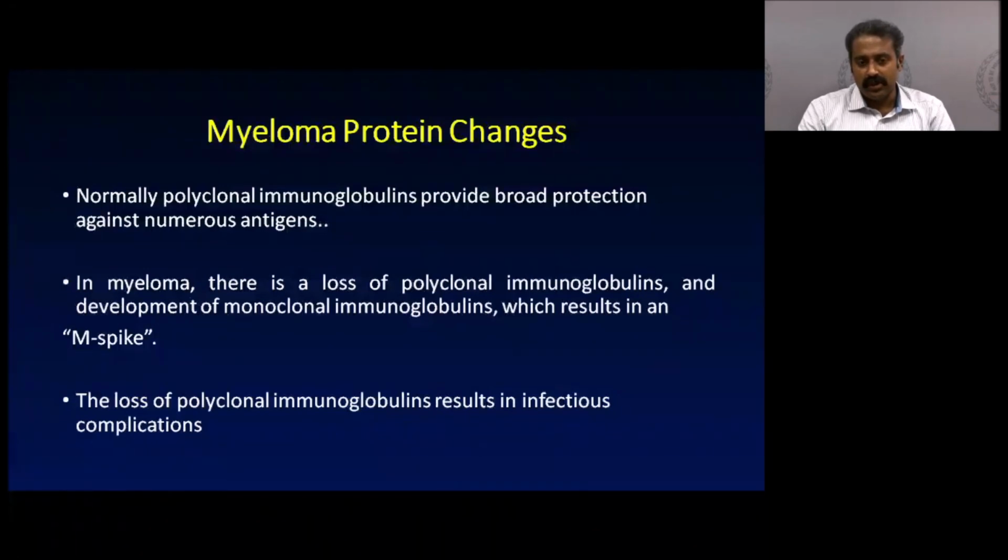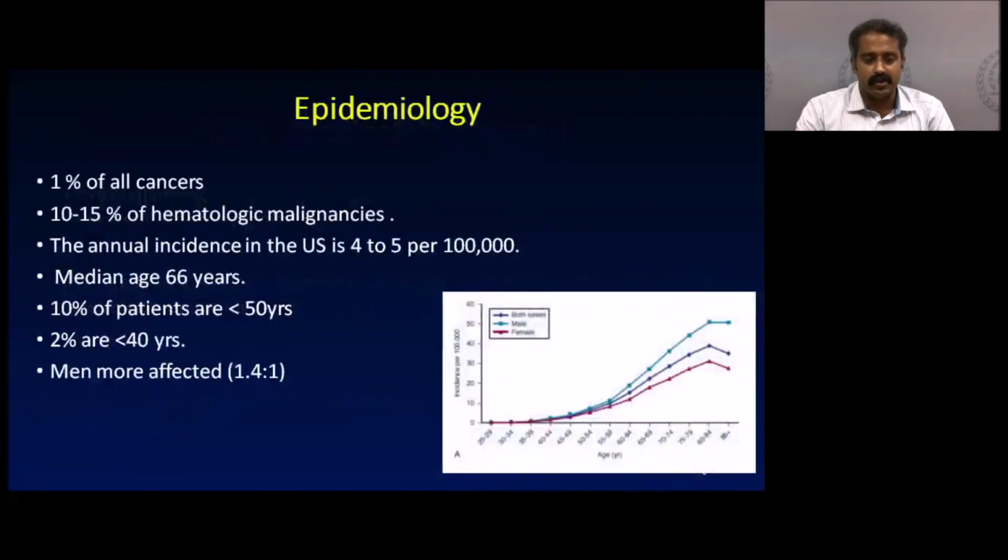In multiple myeloma, there is loss of the polyclonal nature of immunoglobulin, and there is development of a single clone of an abnormal immunoglobulin because of the abnormal proliferation of a single clone of plasma cells. This immunoglobulin is called a monoclonal immunoglobulin, which causes what is called the M spike in myeloma. This loss of the polyclonal immunoglobulin and its immune function, and the proliferation of a monoclonal protein, results in the various infectious complications in multiple myeloma.